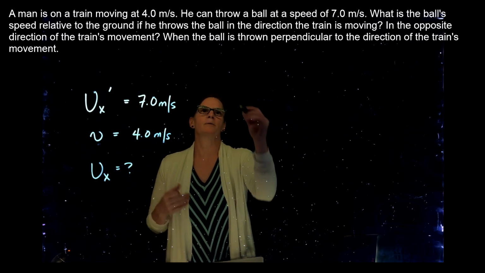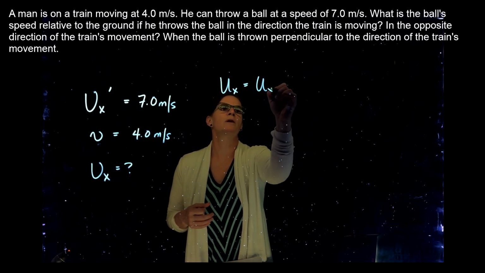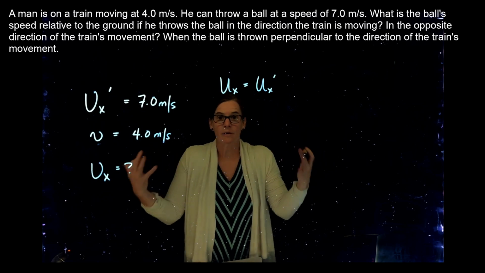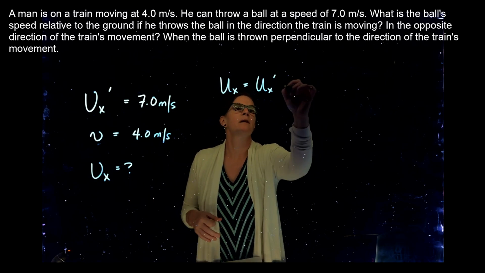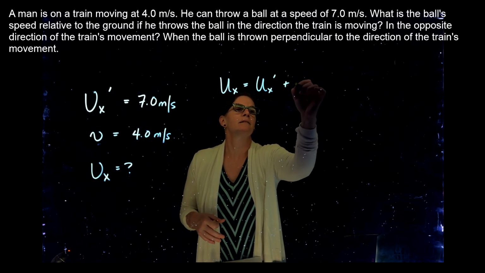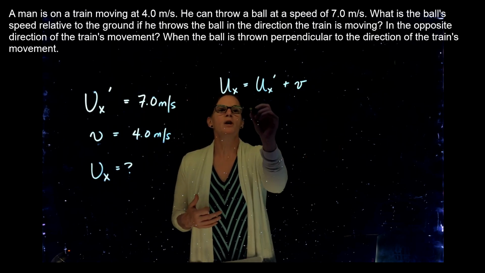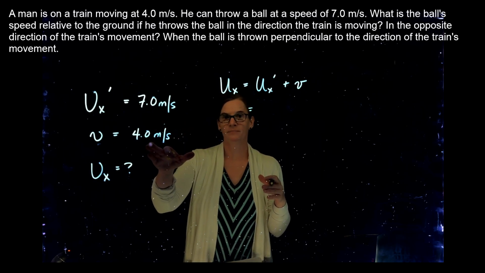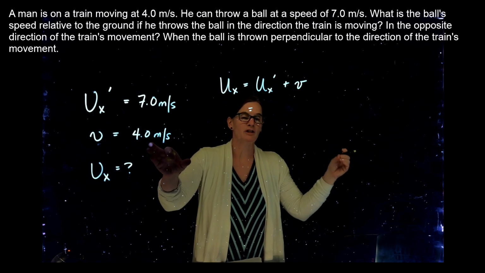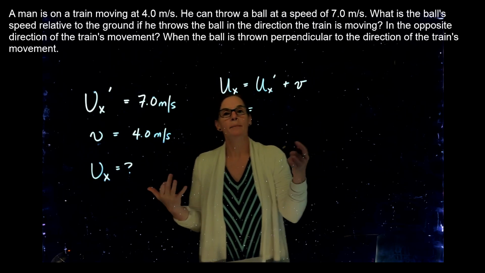Well, in general, the observed velocity is equal to the velocity of the object in the reference frame plus the velocity of the reference frame itself, okay? So if the object and the reference frame are moving in the same direction, these are both going to be the same sign. They're both going to be positive in this case.